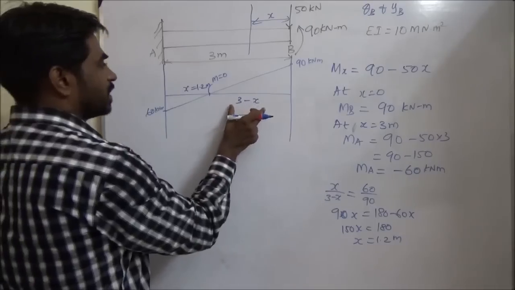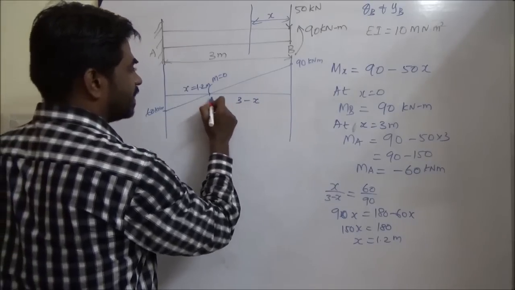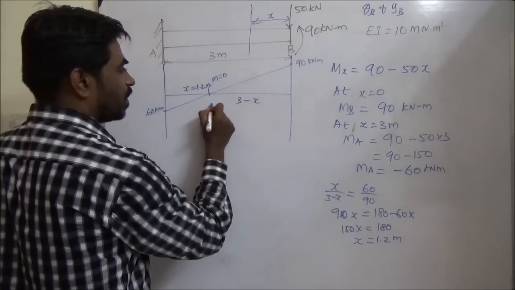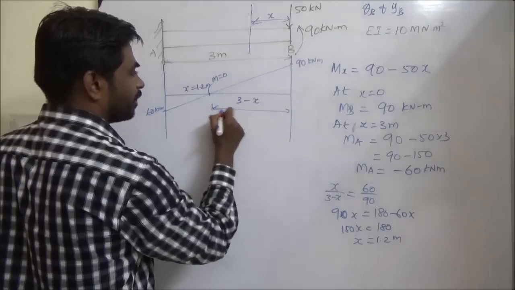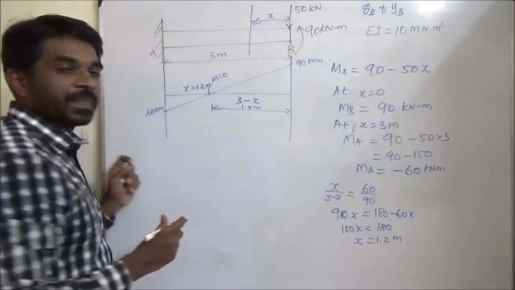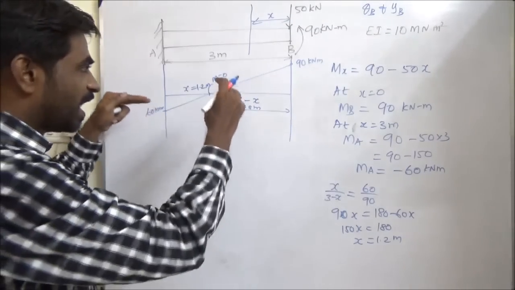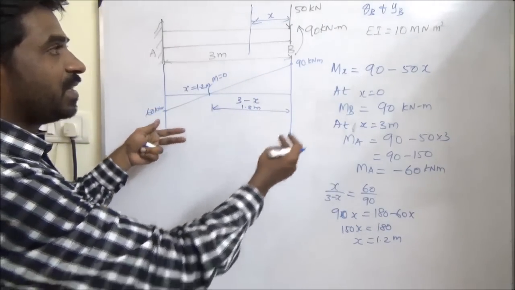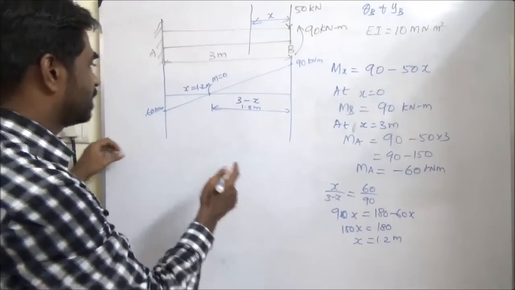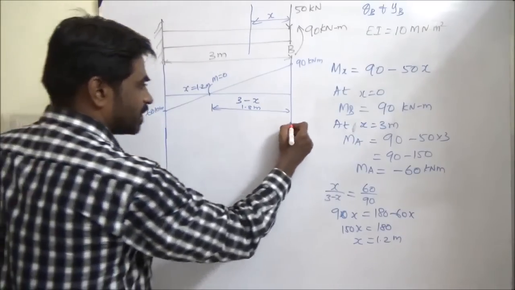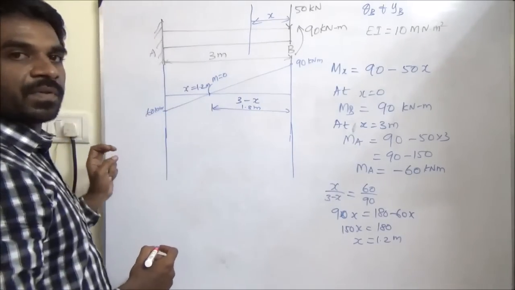So this is 1.2 meter. So this is 1.8 meter. Okay. This is bending moment diagram. The same diagram, if we divide by EI, okay, we can get the same diagram, right?